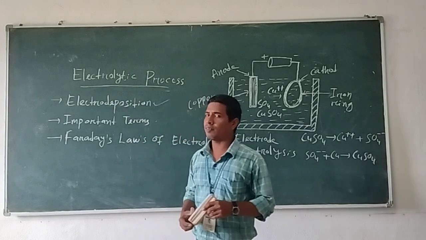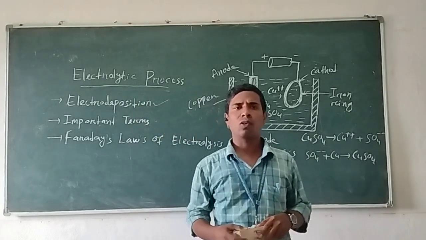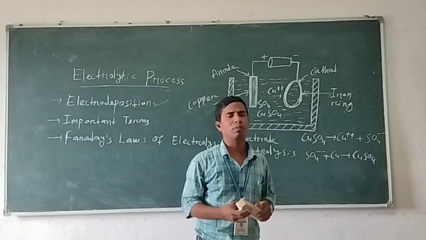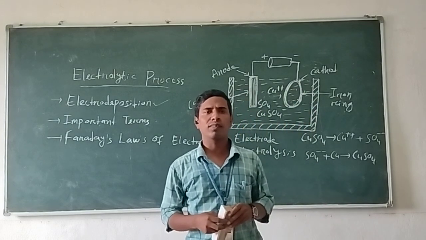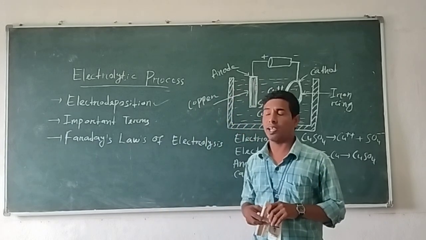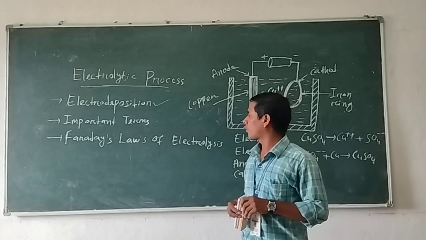So what is electrodeposition? Before that, what is electrolyte? Electrolyte means if we pass an electric current through a substance, and that substance gets dissolved or decomposes, then we call it an electrolyte.